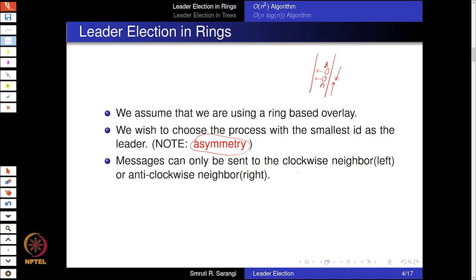Given that we are only constrained to send messages either to a clockwise neighbor or to an anti-clockwise neighbor, breaking the symmetry is even more important because we can't send messages to others, and clearly we do not want to break the rules by having a centralized algorithm.